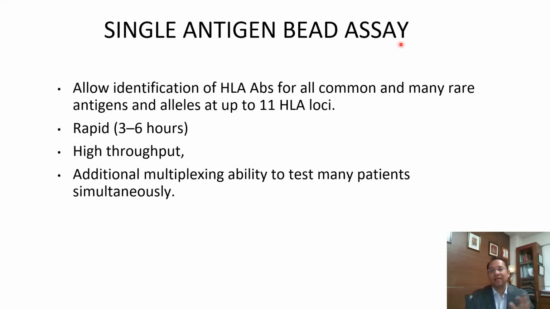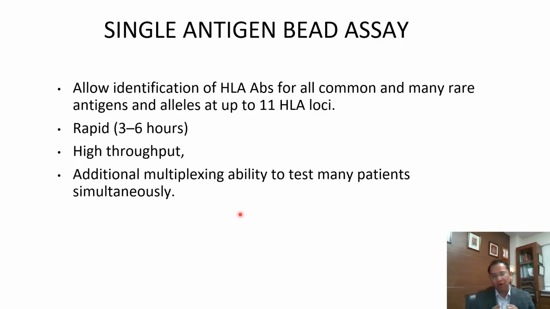So what is the single antigen bead assay basically? Like you have Luminex beads, each bead is coated with just one antigen. So when you have one antigen and you have an antibody against that specific one antigen, then it is known as a single antigen bead assay. For example, suppose you have an antigenic makeup of HLA A02, and because of the transplant or transfusion or pregnancy, which are the three ways where you can produce antibody, an anti-HLA A02 combines with it.